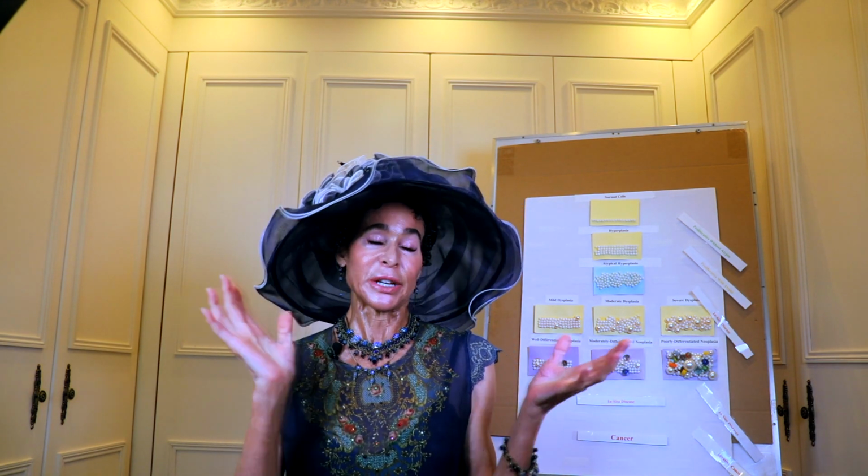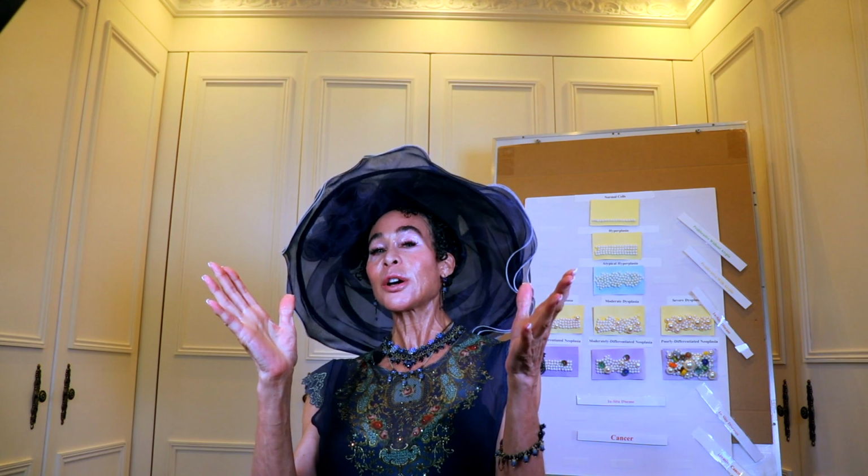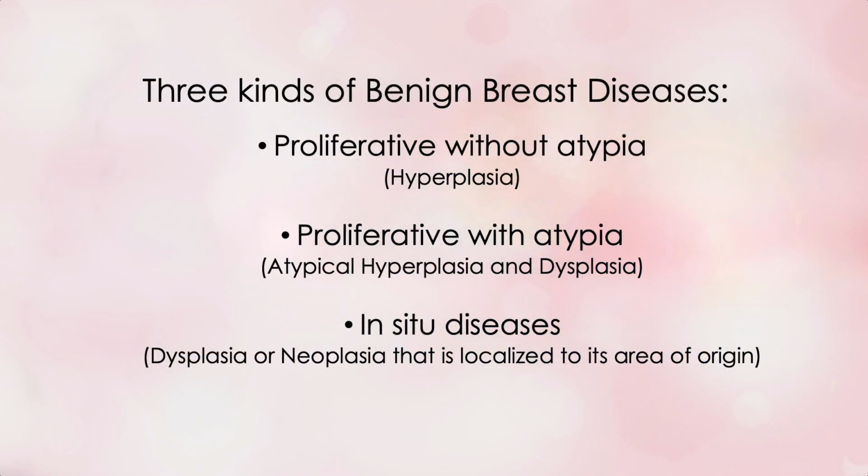Okay, to get started, thus far you've learned that there are 3 kinds of benign breast diseases. There's proliferative without atypia, which is akin to hyperplasia here. There's proliferative with atypia, which is akin to both atypical hyperplasia and dysplasia.